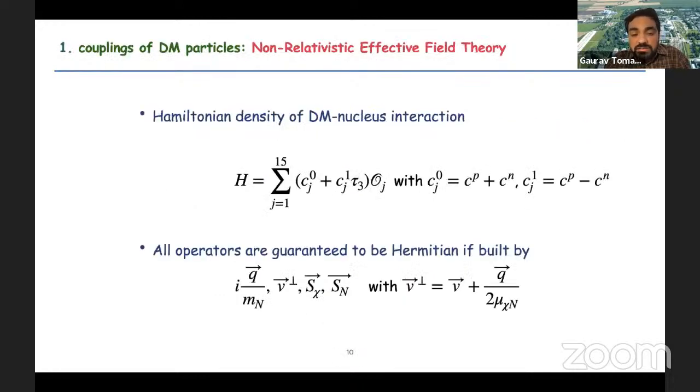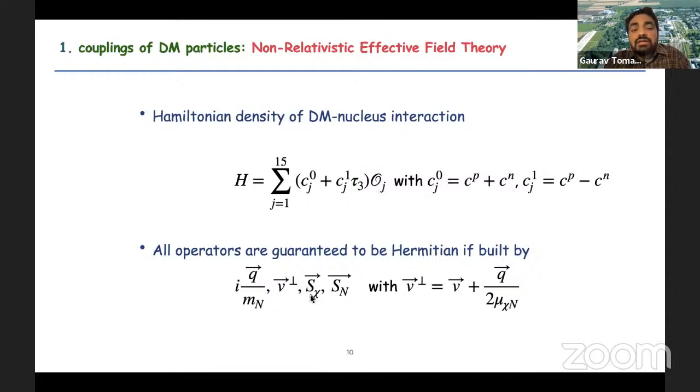Okay, so let's generalize the idea. Right now, we are considering that dark matter is only interacting in a spin-independent way with the standard model particles. Let's work in non-relativistic effective field theory, where there exist a number of interactions depending upon the Galilean invariance. Here, this is the Hamiltonian density, and this is the idea developed by Haxton et al.